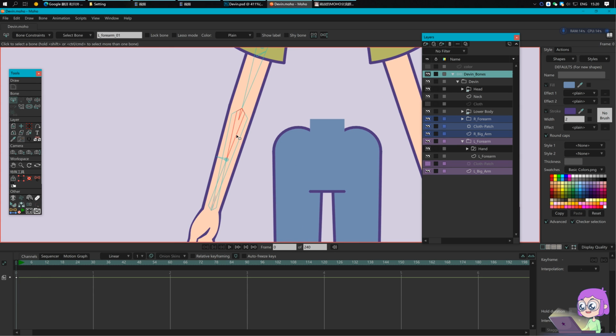The forearm has been done. Head bones I don't need to use.